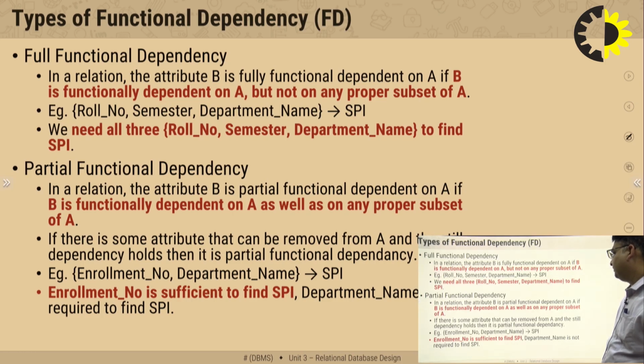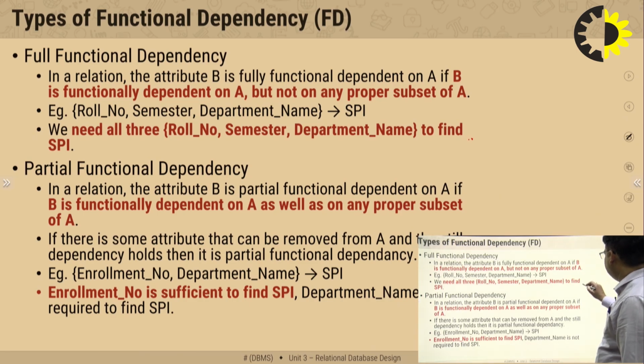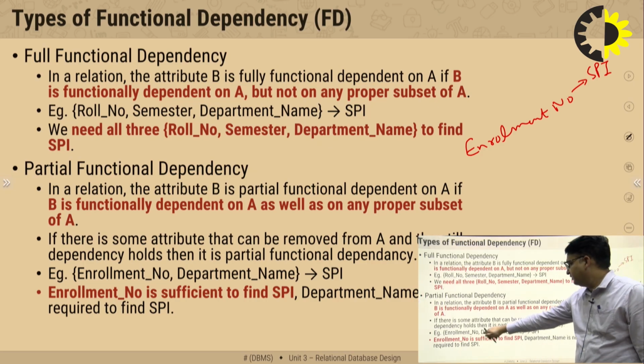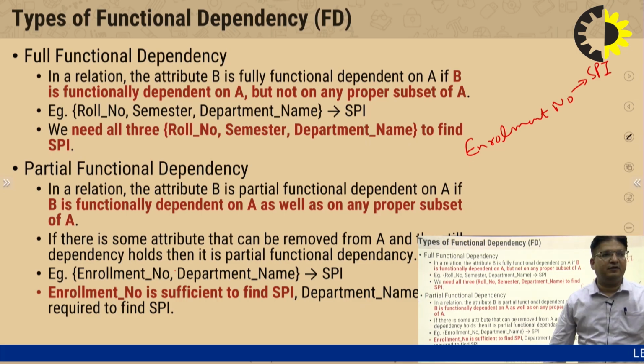Now, we are seeing that there is also an FD, enrollment number determines SPI. Now, a subset of this is also determining SPI. So, there is partial functional dependency, that is, the subset of A is determining B, then that is the partial functional dependency.